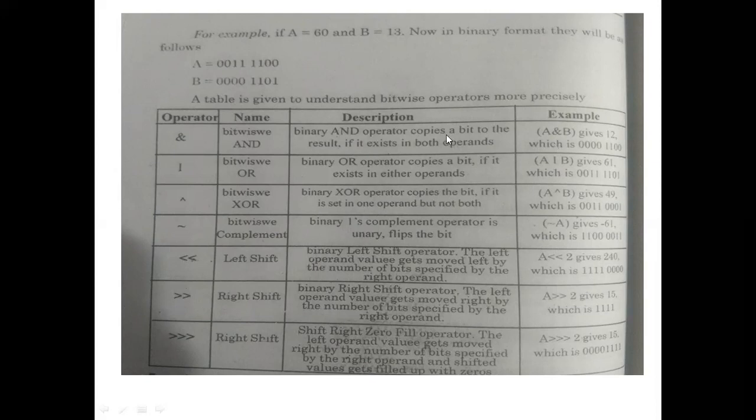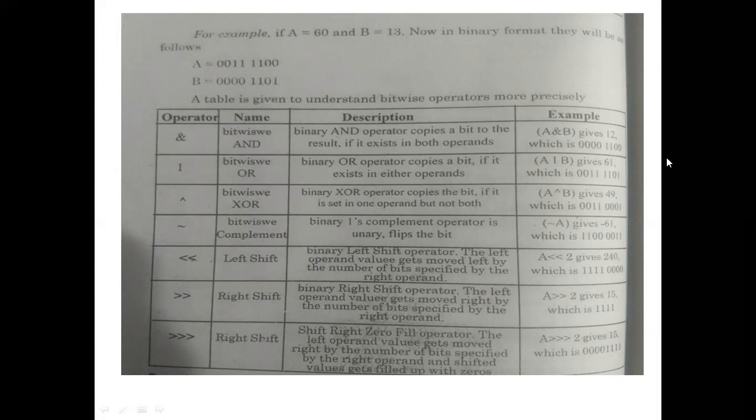So here, A bitwise AND B gives 12. How? The value of A is this and value of B is this. Whenever you are using bitwise AND, the operation takes place bit by bit. In the AND operator, only if both bits are 1, then the value will be 1, otherwise 0.